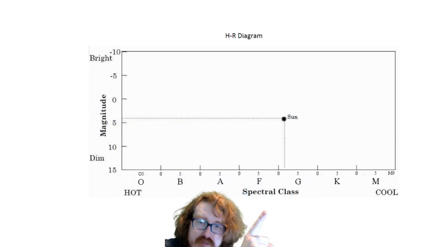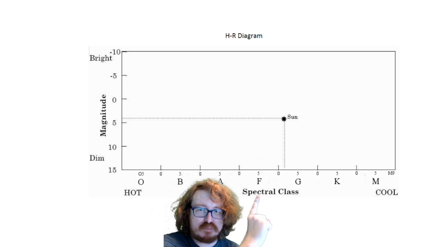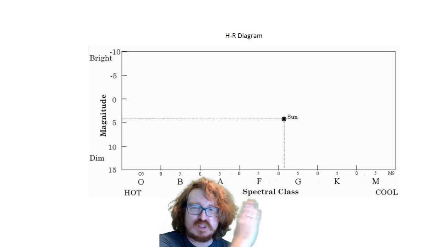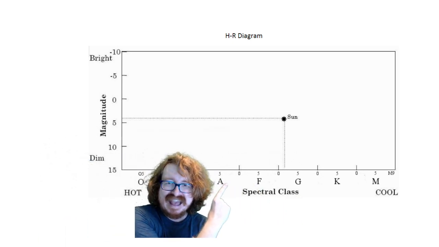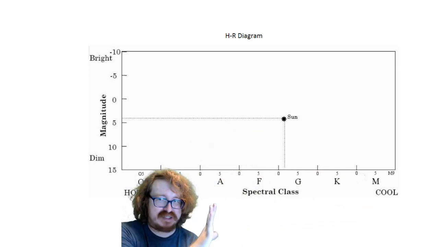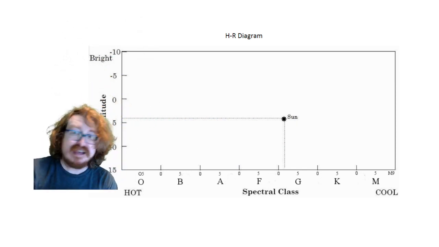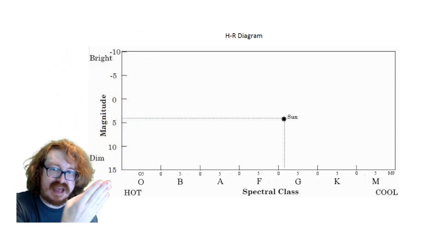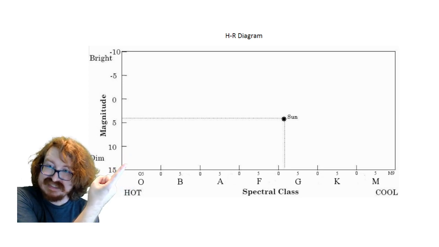Now down here, surface temperature, okay? Spectral class, that's the same thing as spectral type. So they've got O above hot, B, A, F, G, K, M. So that's working just the same as before. Cold on the right, hot on the left. And so also, just like before, that means the stars down in this corner are tiny, right?